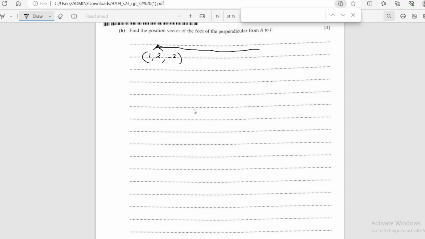Find the vector of the foot of the perpendicular from A to L.